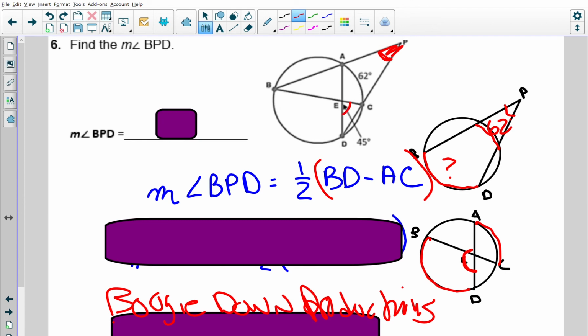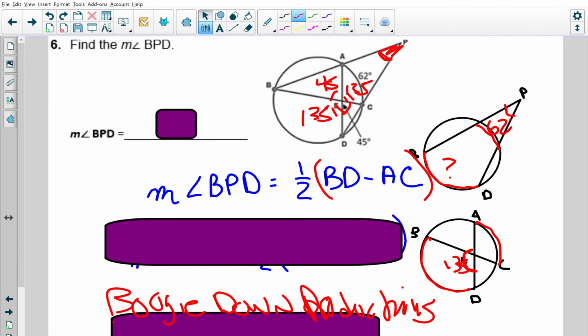If that's 45, that has to be 45. 45 and 45 is 90. The whole thing has to be 360. 360 minus 90 is 270. Cut in half, meaning this has to be 135, and this has to be 135. Well, that means this has to be 135. So we know angle BED.